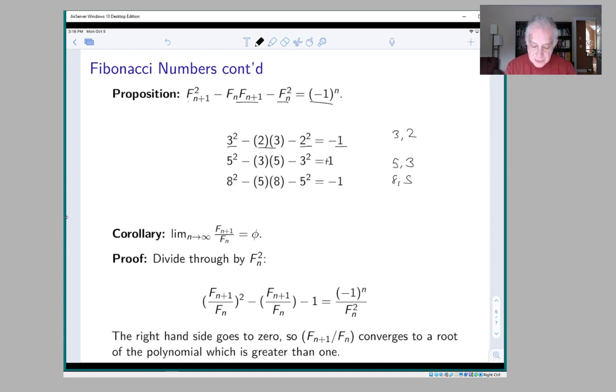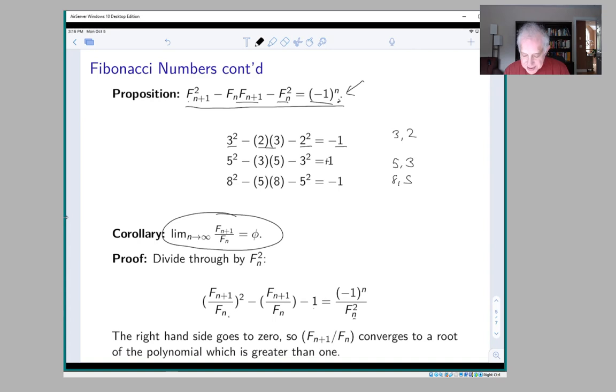And if we can prove this polynomial identity, then we're going to get this fact about the ratio of Fibonacci numbers as a corollary. And the reason is, if we take the equation and divide both sides through by f_n squared, we get (f_(n+1) over f_n) squared minus f_(n+1) over f_n minus 1 equals (minus 1)^n over f_n squared.